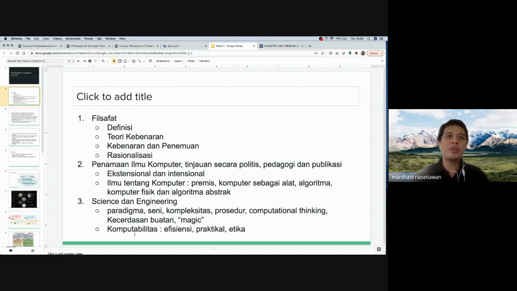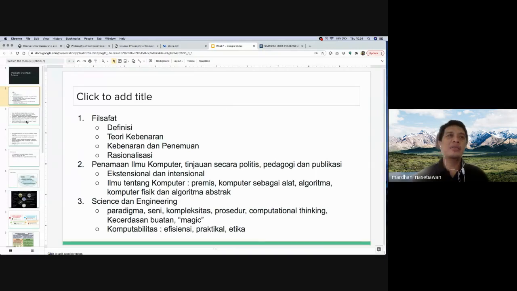And the most important one is computability. Computability is about how we think to do some large activity in an efficient way, in a practical way, but still with ethics. So that will be the challenge for computer science.